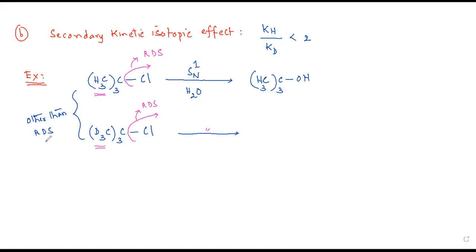Then this is said to be a secondary kinetic isotope effect. Earlier, in primary, it was the carbon-hydrogen bond undergoing cleavage in the rate determining step itself. In this case it is not the same. It is in a step other than the rate determining step.